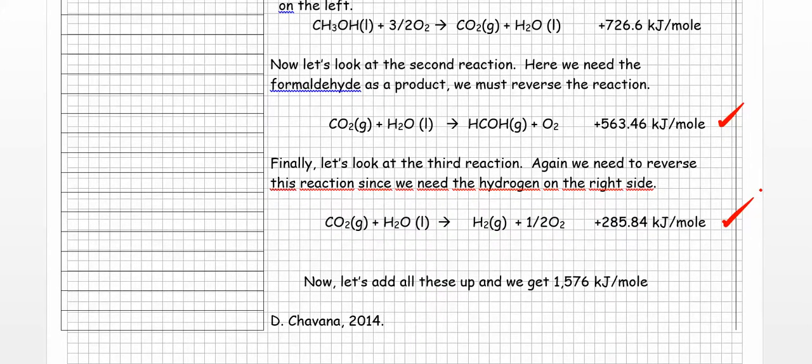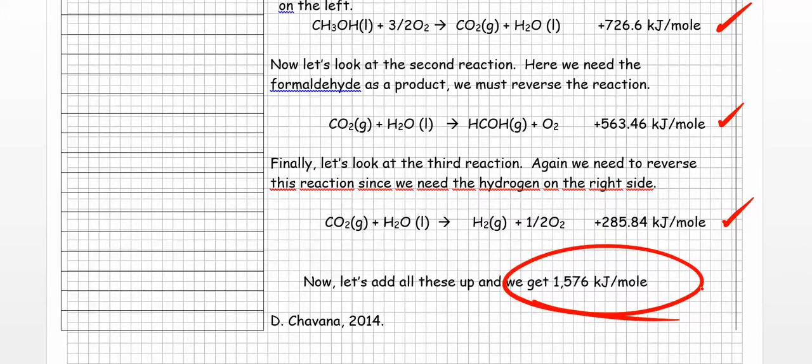Now let's add all these together because we've got them all in the right configuration. We've got what we need in the correct positions. And so we're simply going to flip the second and third. We're going to leave the first one alone. And when we add all those together now, when we add the 726.6 kilojoules per mole, the 563.46 kilojoules per mole, and the 285.84 kilojoules per mole, we get 1,576 kilojoules per mole.